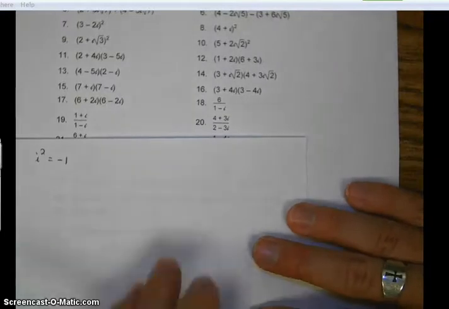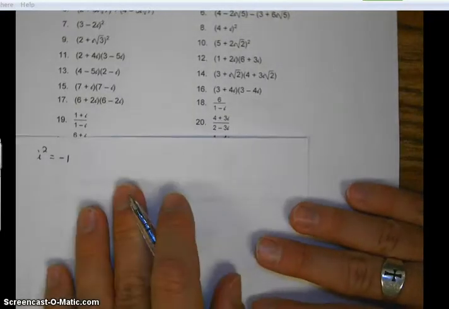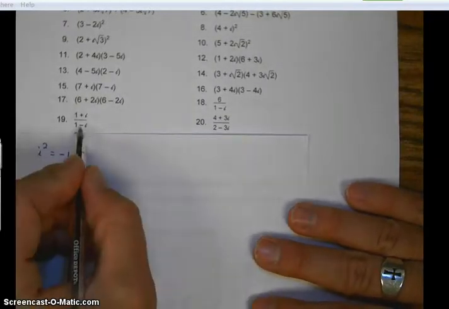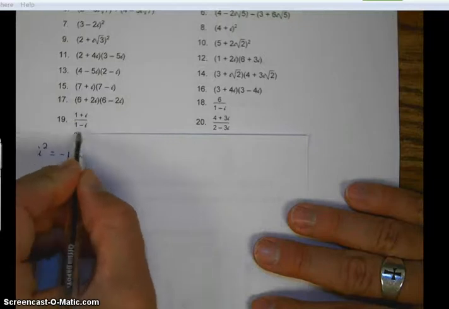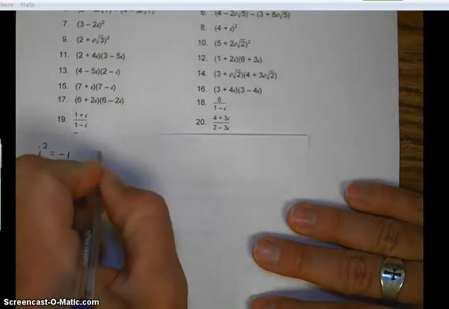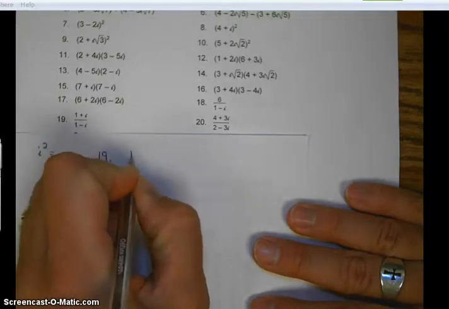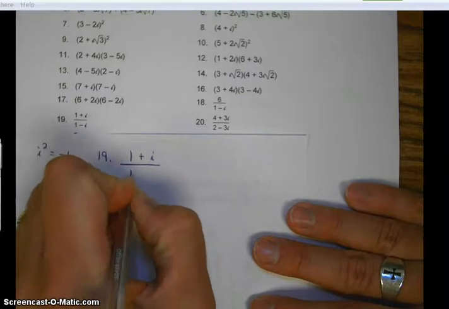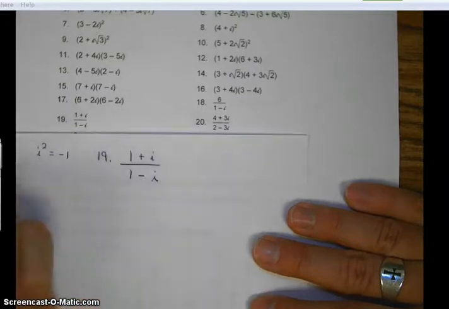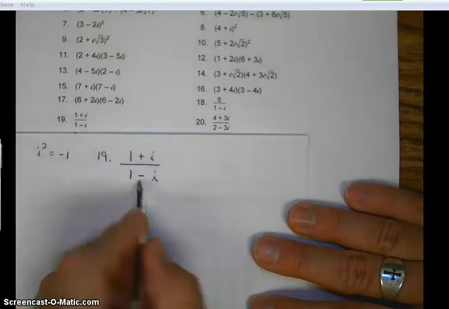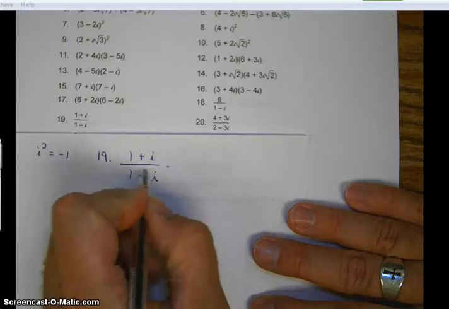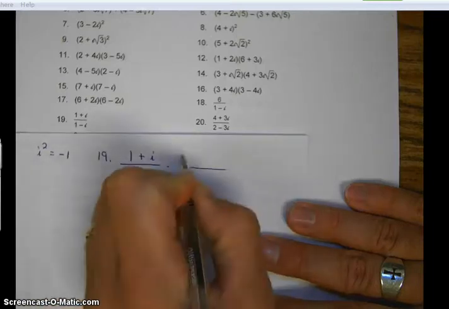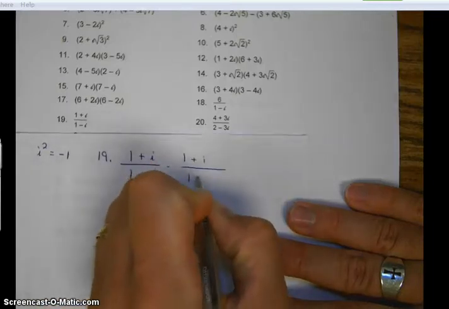Okay, on the dividing ones, remember that you have to multiply by the conjugate over itself when there's an i in the denominator. So for example, in number 19, the conjugate is the plus. So 1 plus i over 1 plus i.